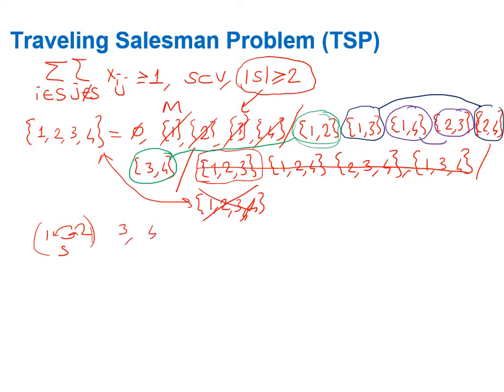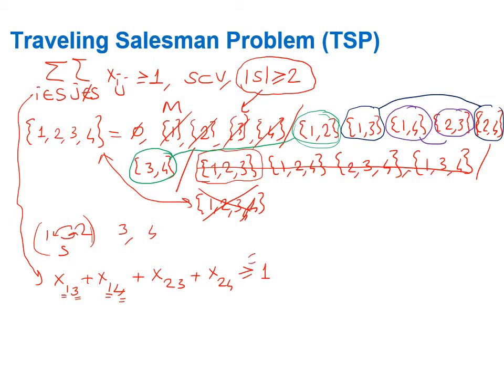According to my constraint, I need to say that either there will be an exit from 1 to 3 or 1 to 4. So 1 is inside S, 3 is not inside S. 1 is inside, 4 is not inside. Plus x23 plus x24. And this number should be greater than or equal to 1.